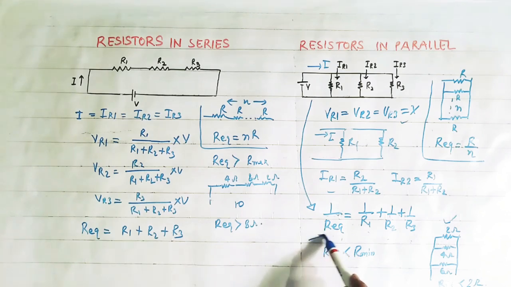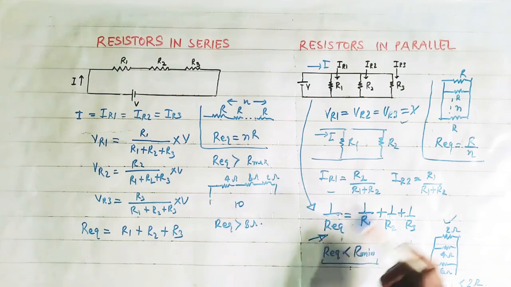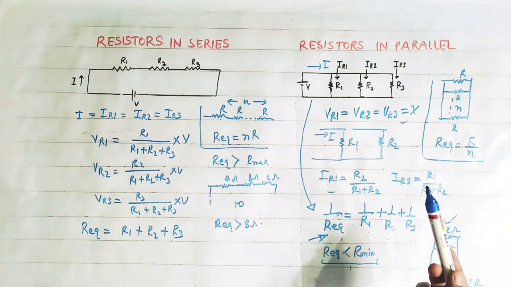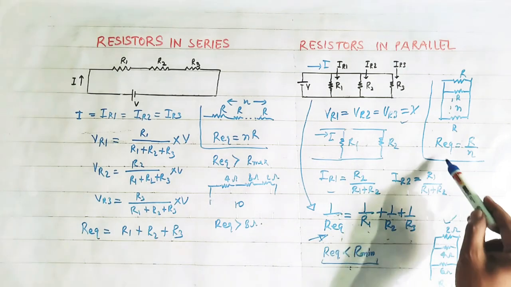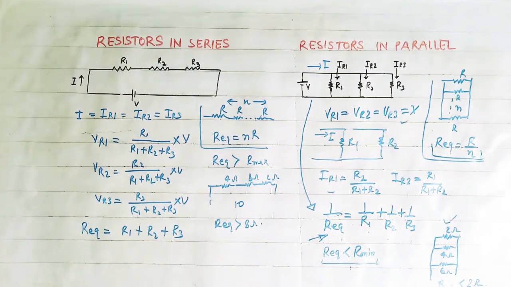In this way we can calculate the equivalent resistance, and it is less than the minimum resistance connected in parallel. This is important. If equal resistors of resistance R are connected in parallel and the number of resistors is n, then the equivalent resistance is simply R by n. So this is the concept of series and parallel combination of resistors.